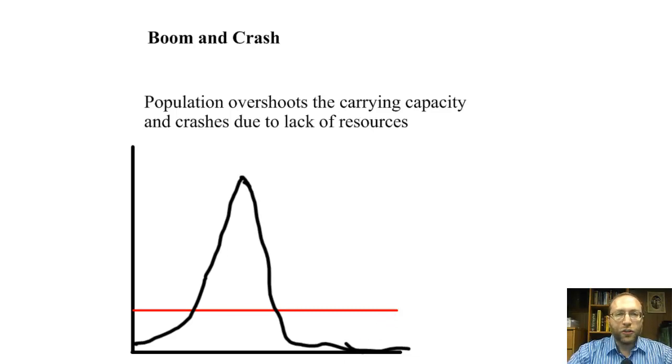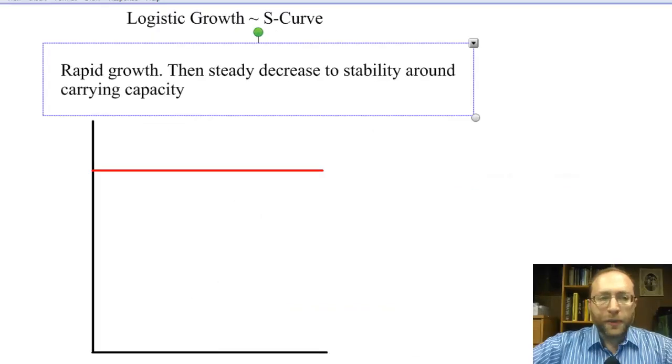And these booms and crashes more frequently occur when populations are introduced to a new habitat, because they don't have a lot of these environmental resistance forces, and so they go zooming up, and then more typically you will get a logistic curve. And the logistic curve is also called the S curve, and it starts off very slowly.